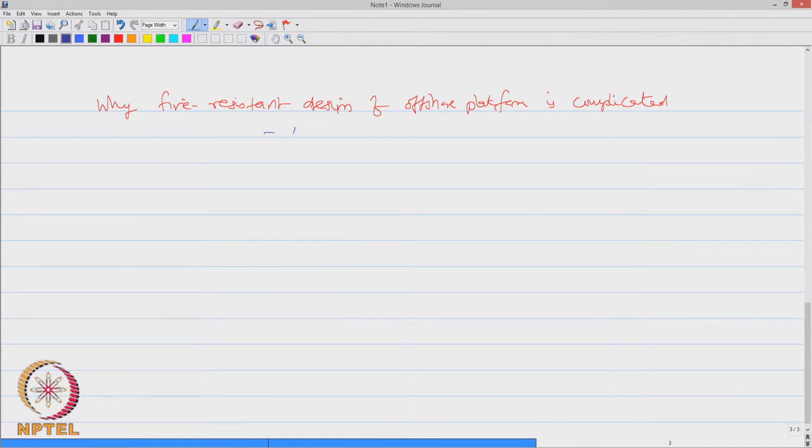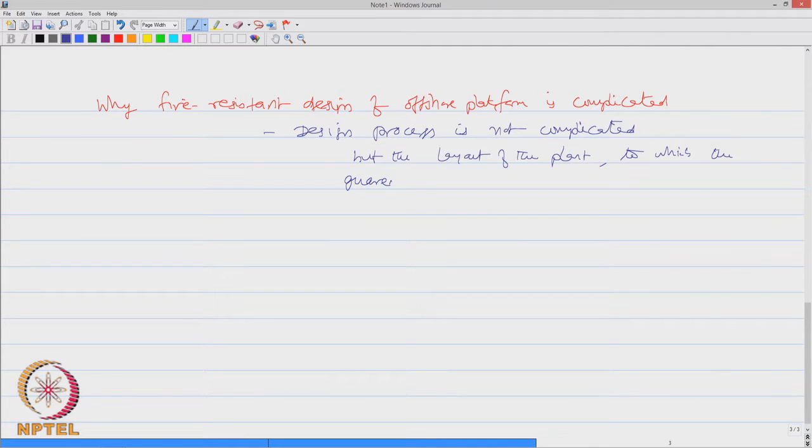The design process is not complicated, but the layout of the plant to which the guarantee against fire resistance is complex.